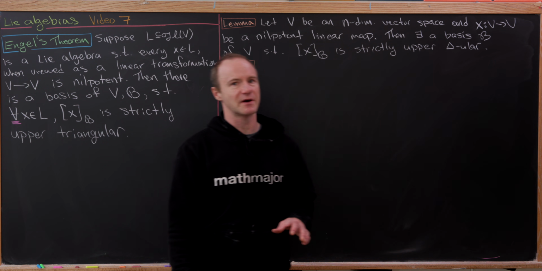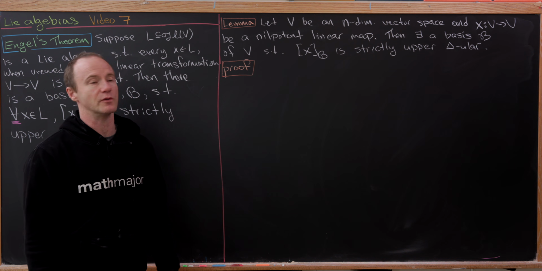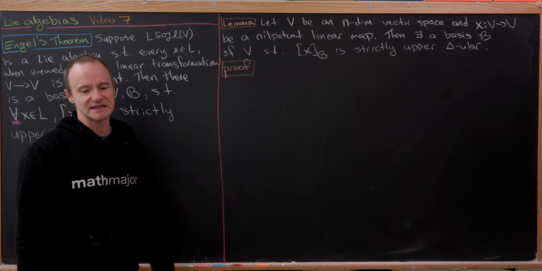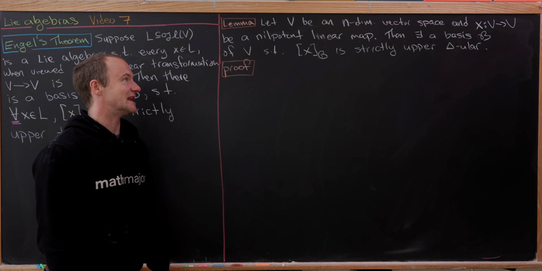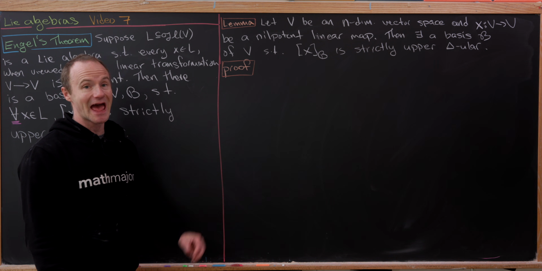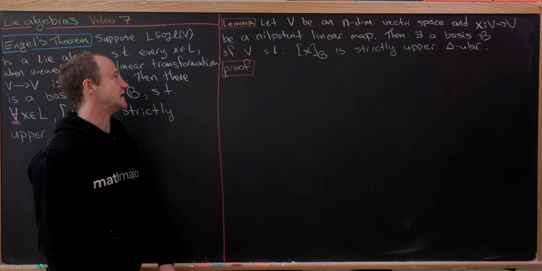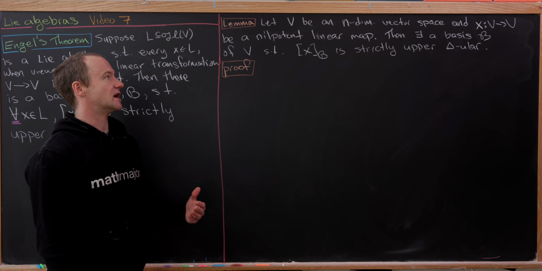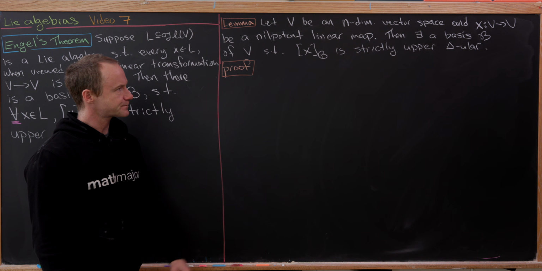Okay, so speaking about that result from linear algebra, we are actually going to start our video with the proof of that. So let's see it stated a little bit more carefully. Let's say that V is an n-dimensional vector space and X is an endomorphism of V. In other words, it's a linear map from V to V. We're also assuming that it's nilpotent.